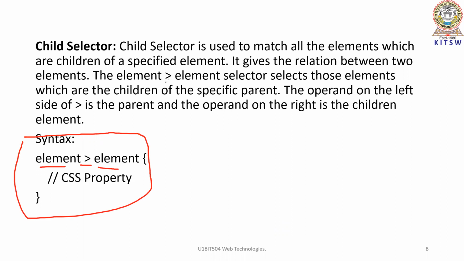The selector selects those elements which are children of the specific parent. Anyhow, remember the syntax: element greater than symbol element, then open brace, define some properties, then close brace. With an example, you can understand it very easily.